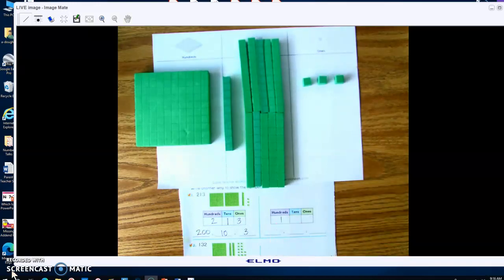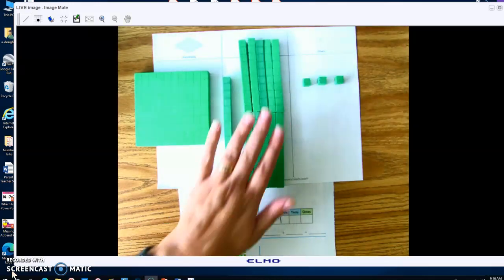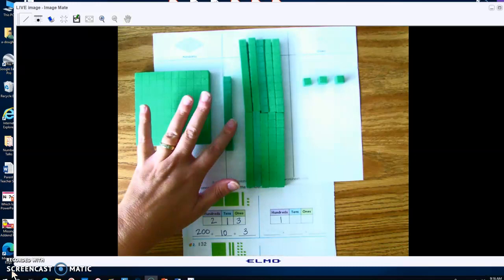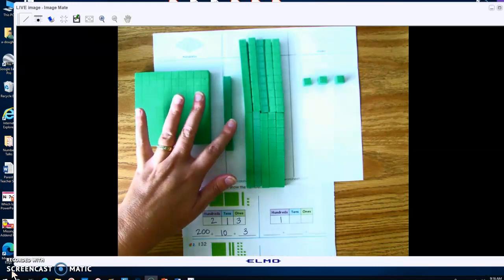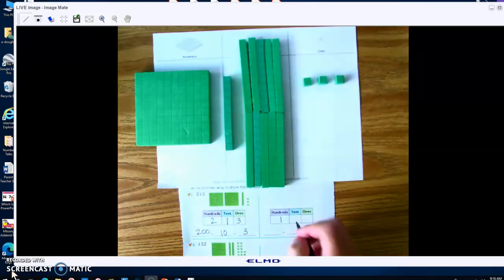How many tens do I have now, Cooper? Not ones, tens. I have 10 and 1 more. So how many is that? 11. And how many ones do I have, Wyatt? I still have my 3.